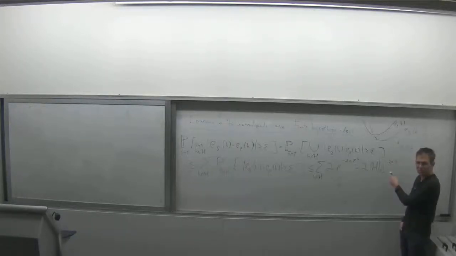What happens to the probability? It decreases, right? Makes sense. You should always look at these things to see that they're sensible. What happens when you make epsilon smaller? It increases, right? Why? Because it's harder to make the curves closer.